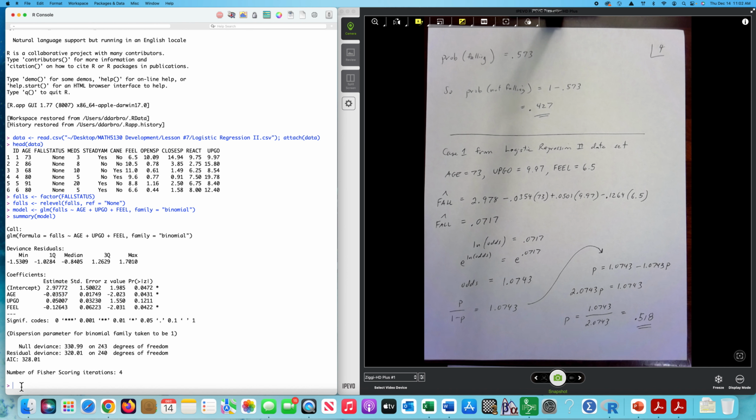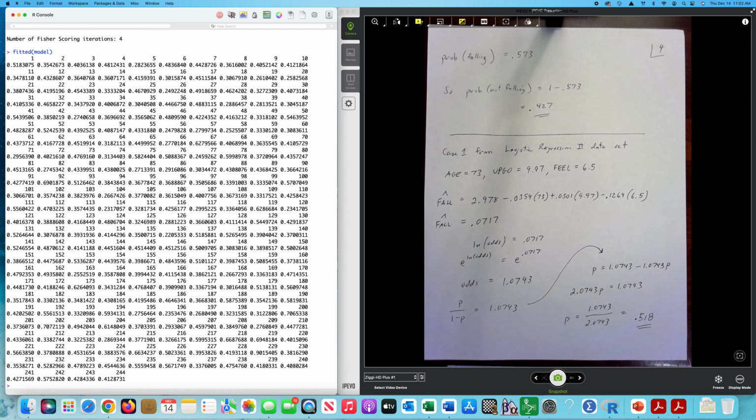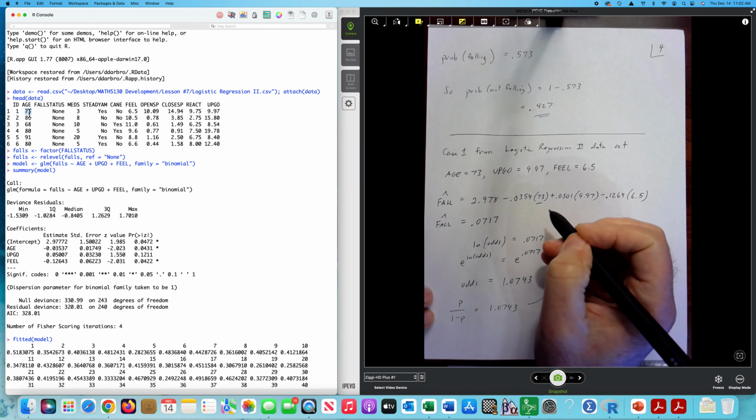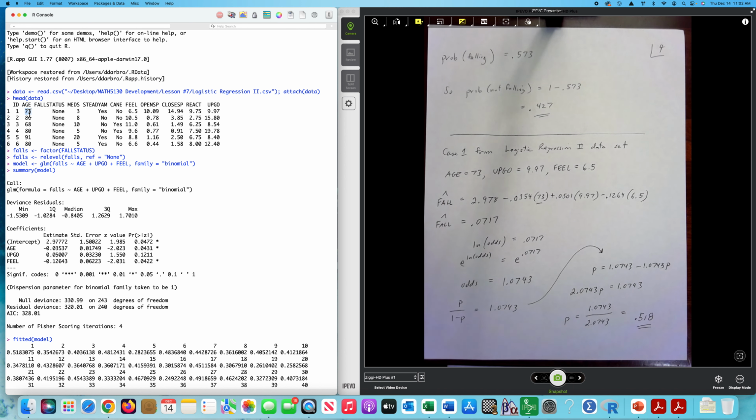For example, now that I have my model created, I can just do fitted model, and let's look at what pops up. For the first case, 0.518. How do we get that? Well, the first case has an age of 73, which I put into my model. They have an UPGO score of 9.97, which I put into my model.